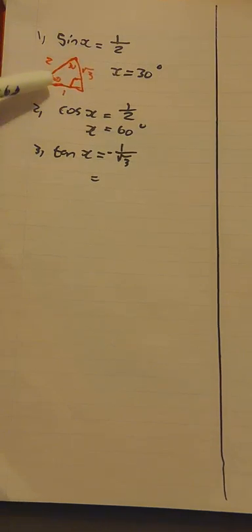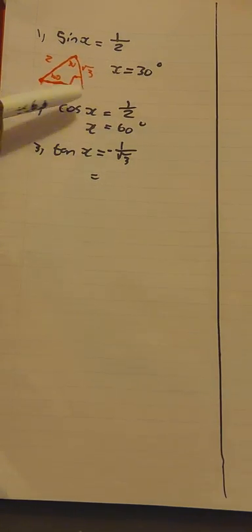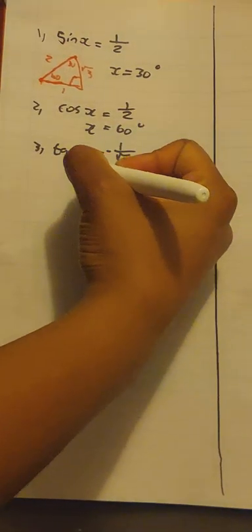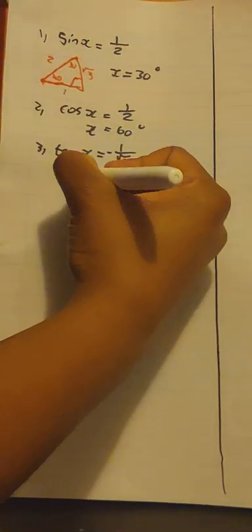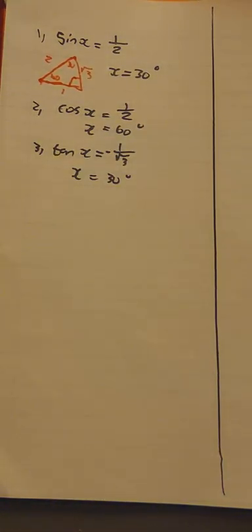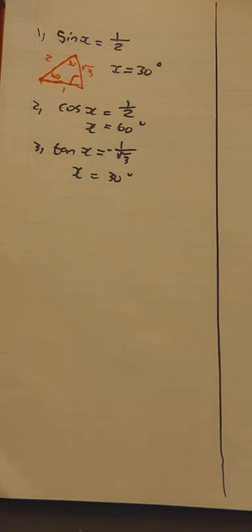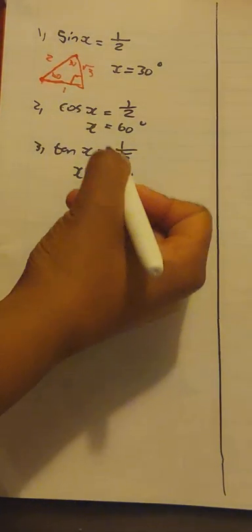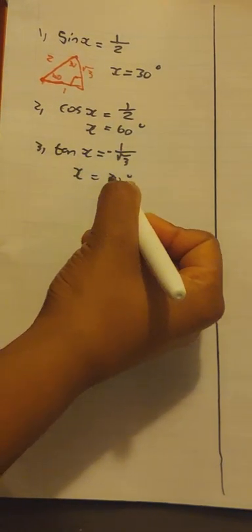I see 30. 30 is opposite to 1 and adjacent to square root of 3. So x is equal to 30 degrees. Remember, you don't have negative angles. Even when this says it is negative, it's not going to be negative 30.